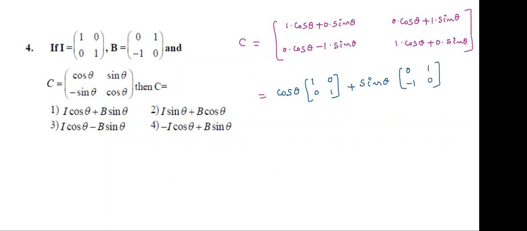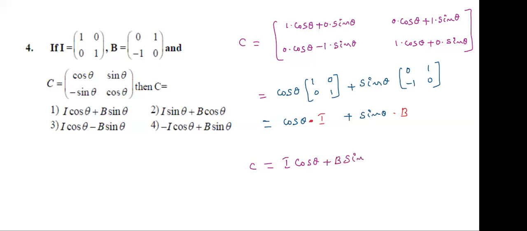This is cos theta into 1, 0, 0, 1, which means I, plus sin theta into 0, 1, minus 1, 0. That is B. Finally, C is equal to I cos theta plus B sin theta.